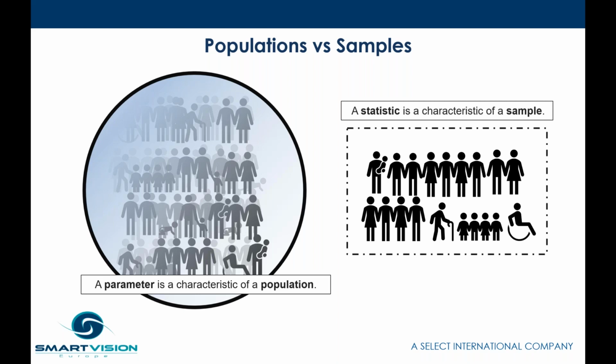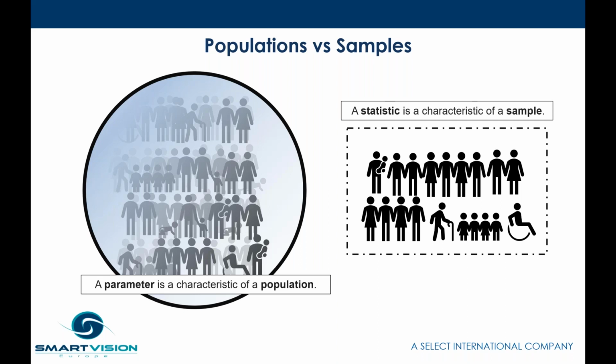So any sample that you take is a snapshot in time. Statistics are used to make inferences about parameters, the true value in the population, and much of significance testing is the business of trying to infer that. Hence the term inferential statistics: to infer what the true value is based upon our sample.